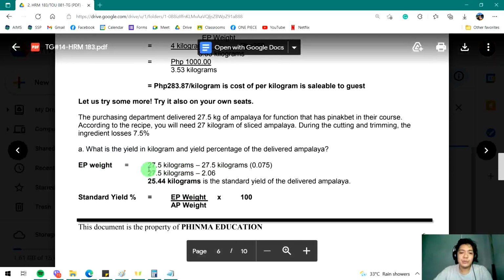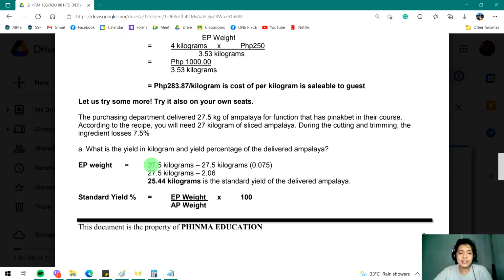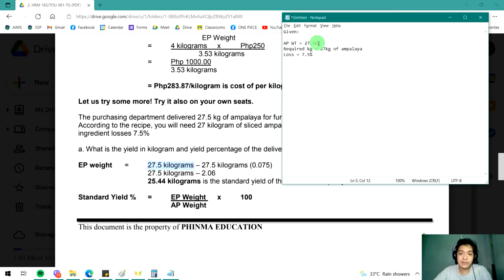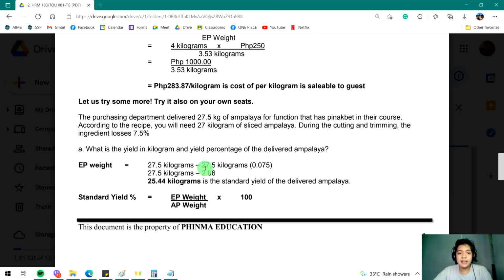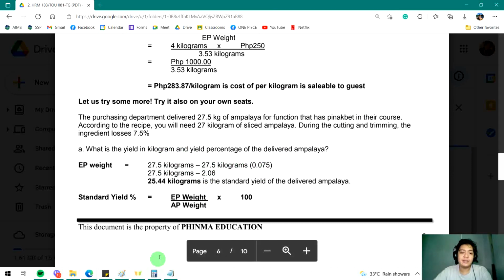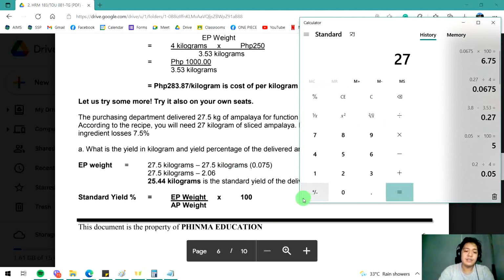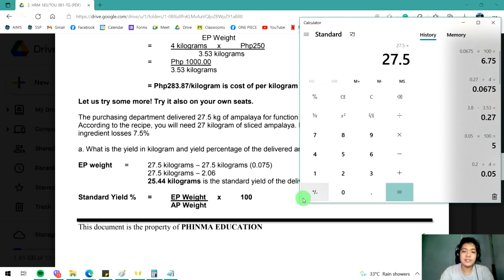Again, we have to get first the AP weight, 27.5 kilograms over here. And then we have to get 7.5% of our AP weight. So ang gagawin natin is 27.5 times 7.5%. Again, if we will multiply it, move 2 decimal places to the left, we have 0.075.